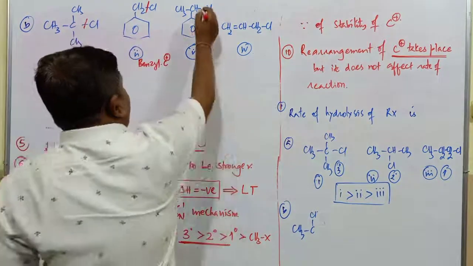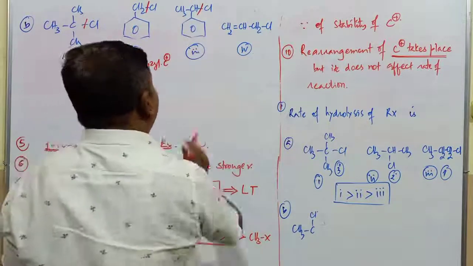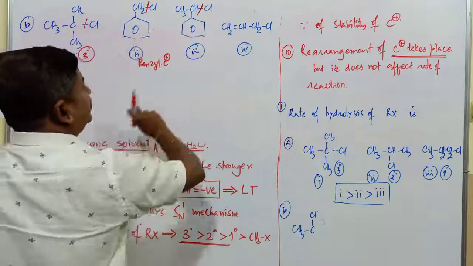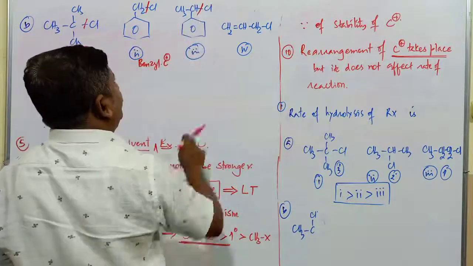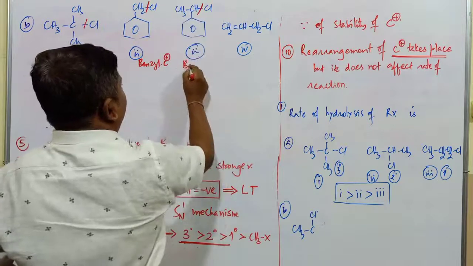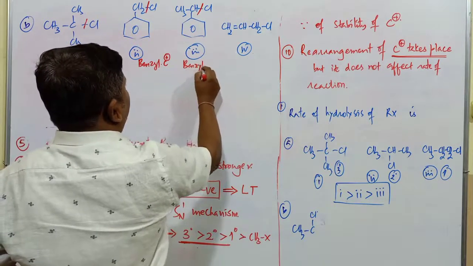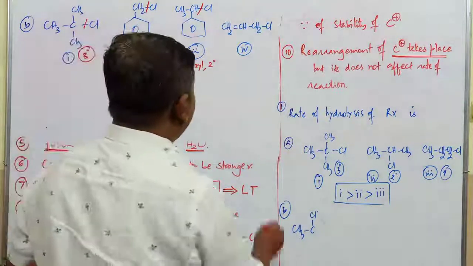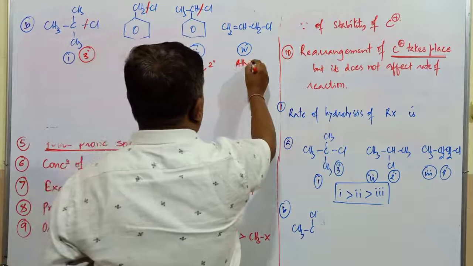This bond is going to be cleaved out. What type of carbocation? It is going to be benzyl, resonance stabilized. This is also resonance stabilized. In the case of this particular molecule, a benzylic group is there, and moreover it is a secondary benzyl with a secondary carbocation. This is benzyl with what? Primary carbocation. This one is an example of an allyl carbocation.